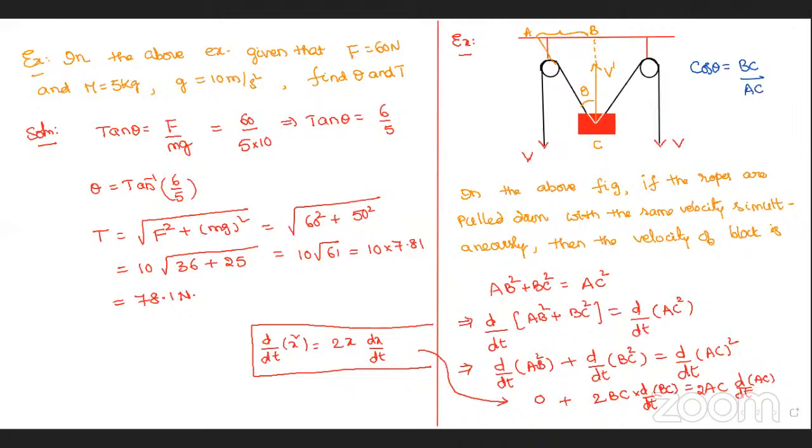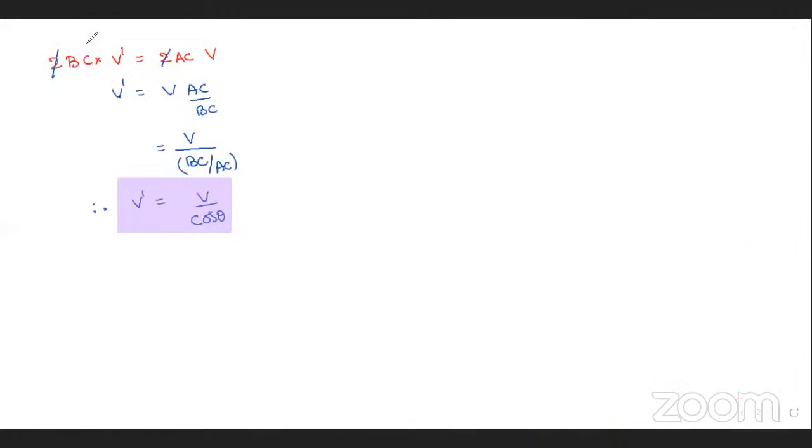In this method also, right, this method is correct. Here exactly AB is constant, so by doing the differentiation, you will get the answer. Okay, good. And here, keep in mind, it is very important what I'm going to say.